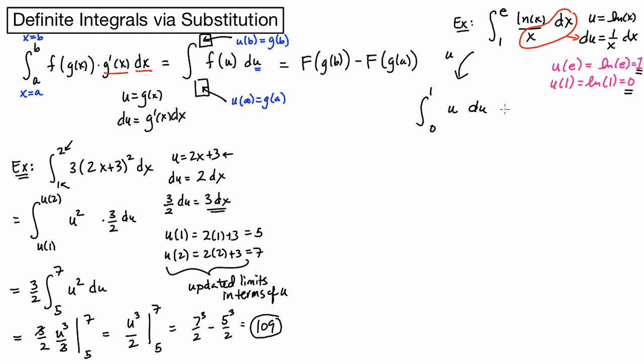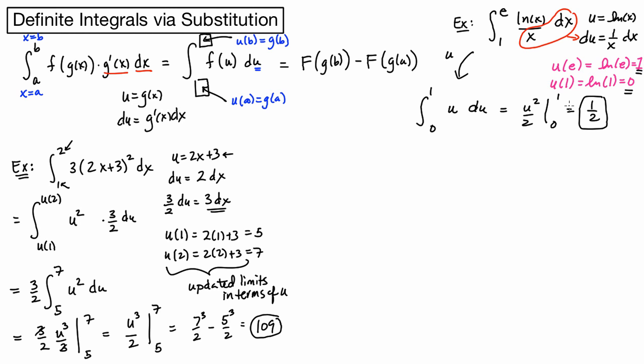So this is a much simpler integral. This is simply u squared over 2 evaluated from 0 to 1, which gives the result 1/2. So a seemingly difficult integral was made very easy by an appropriate substitution, and the limits, which were also somewhat complicated, became much simpler via the substitution.